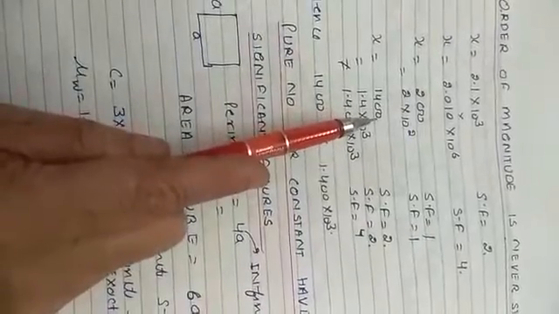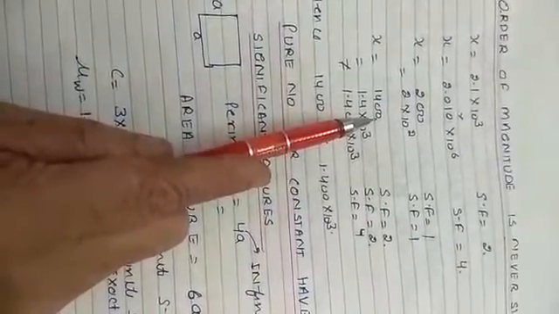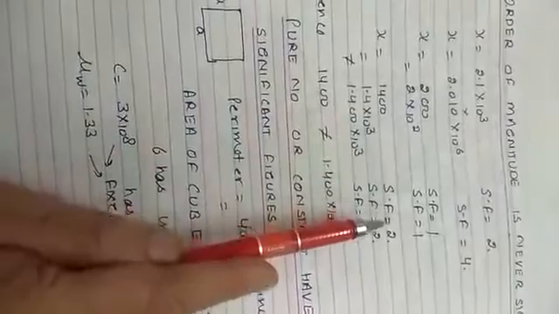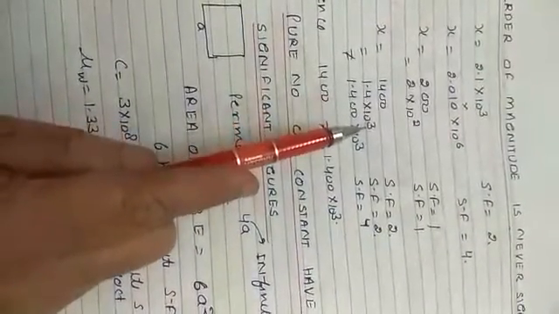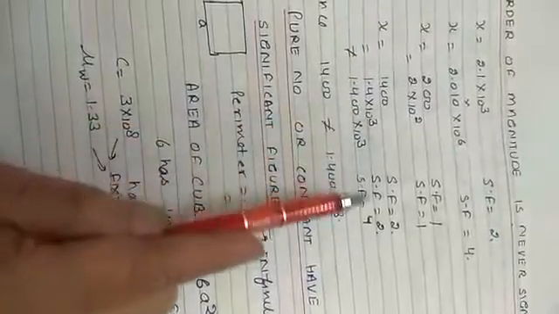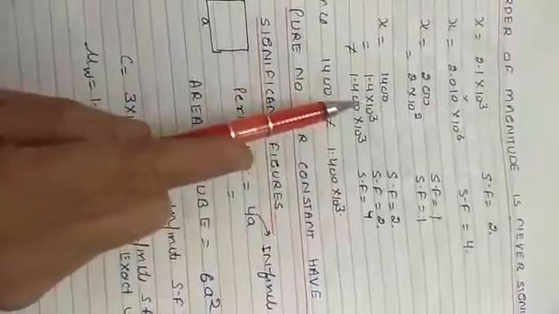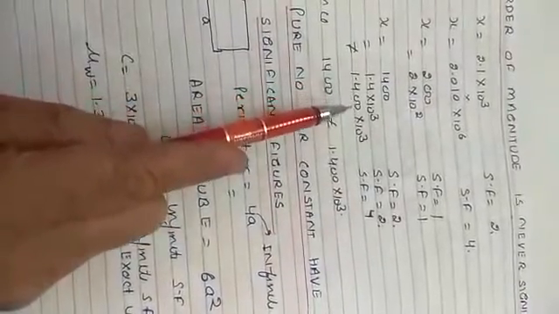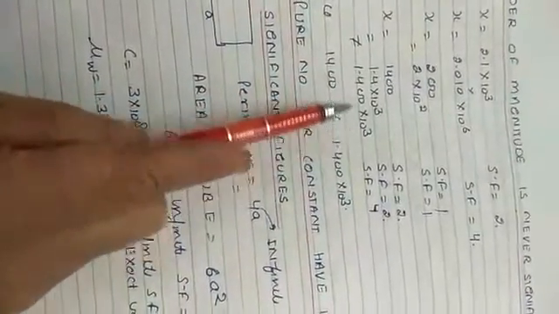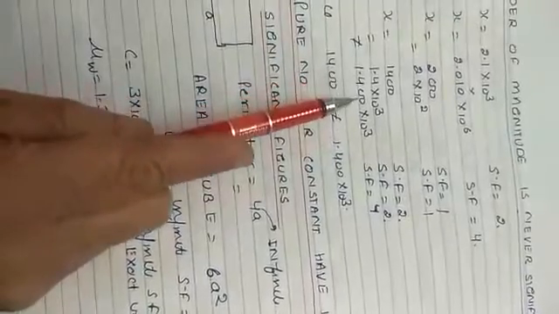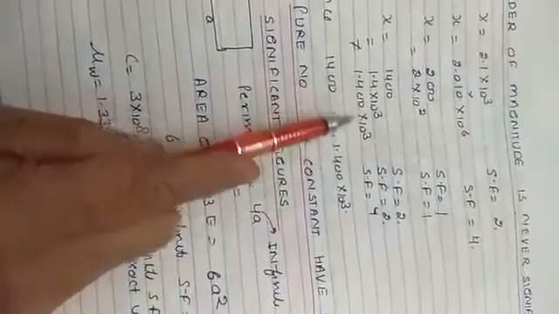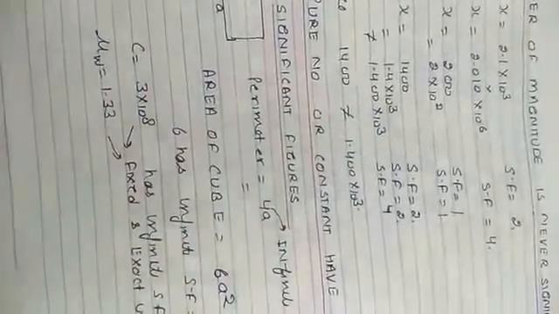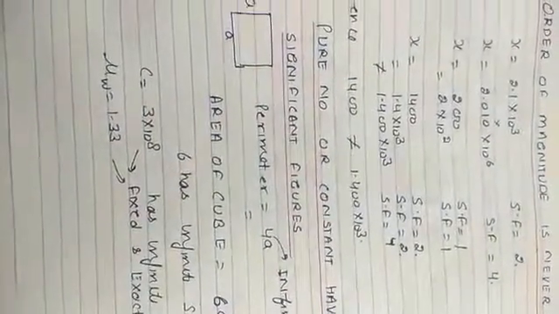In 1400 these zeros are ending zeros but they are not after the decimal. That's why significant figures are 2. And if we write 1.4 into 10 to power 3, the significant figures are still 2. We cannot write 1400 equal to 1.400 into 10 to power 3, because in that case significant figures would become 4. That's why we cannot write 1400 like this. Significant figures must remain unchanged.